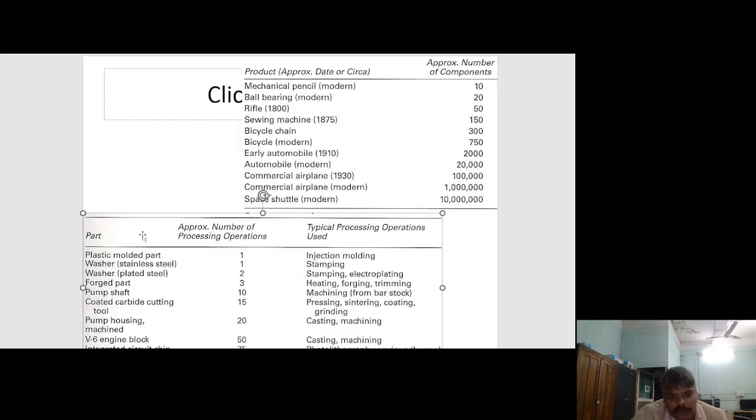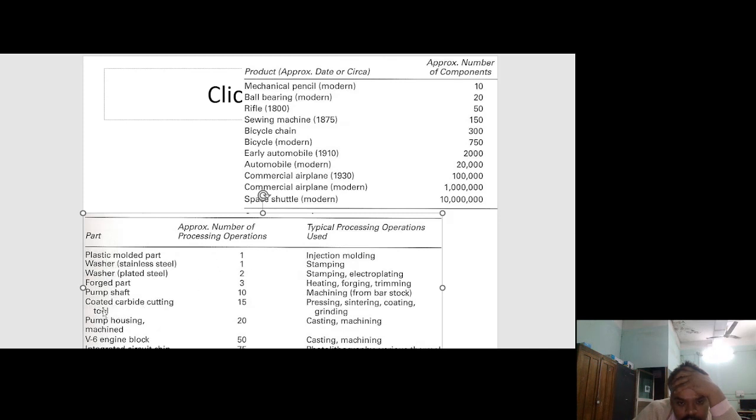This shows parts and the approximate number of processing operations. Plastic molded part: 1, injection molding. Washer, stainless steel: stamping. Washer: stamping, electroplating. Forged part: heating, forging, trimming. Pump shaft: machining from bar stock.